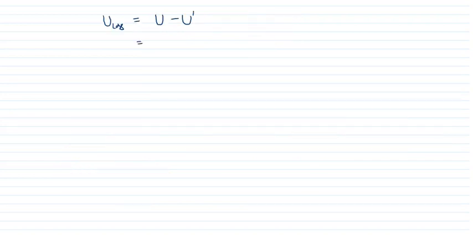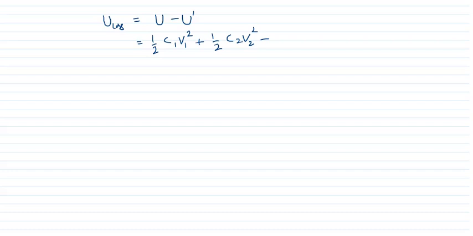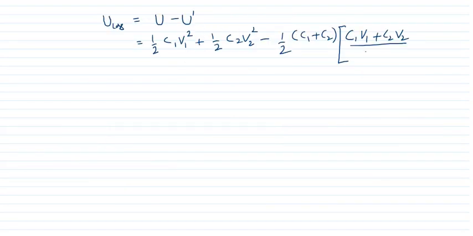What we will get? 1 by 2 C1 V1 square plus 1 by 2 C2 V2 square, minus 1 by 2 into (C1 V1 plus C2 V2) divided by (C1 plus C2), whole square.